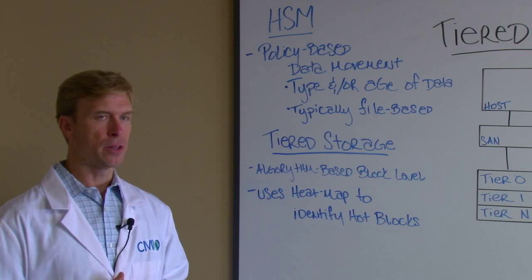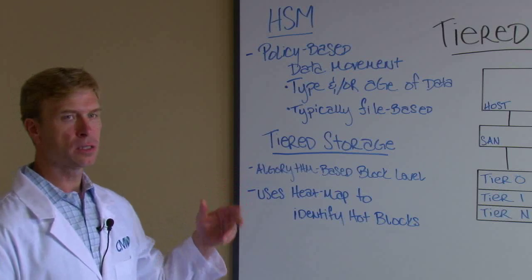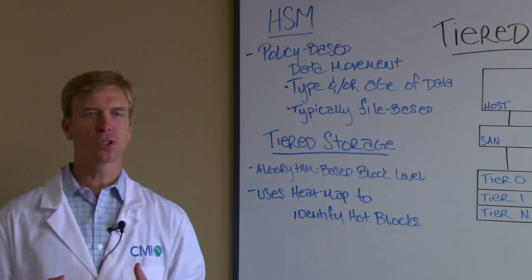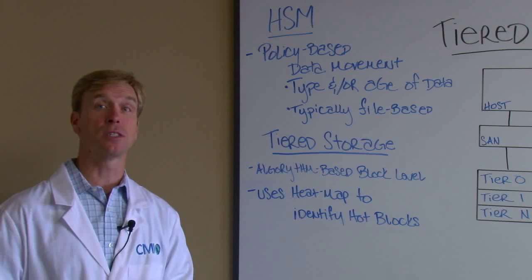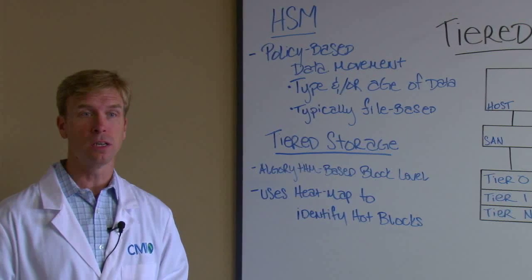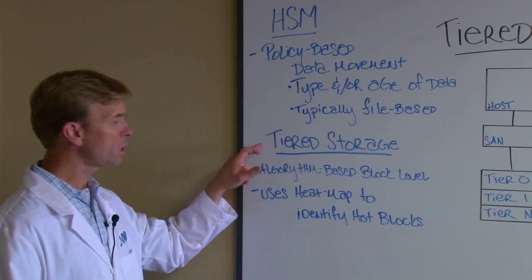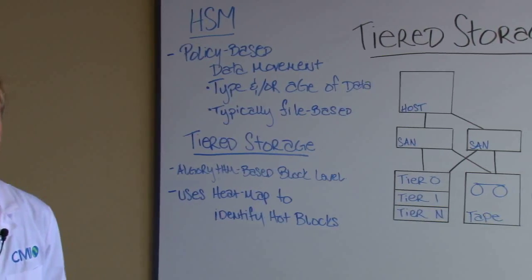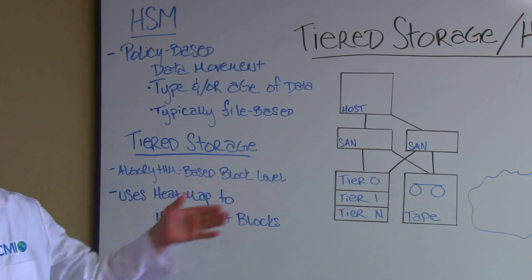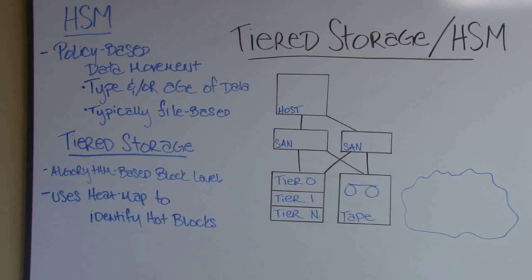The second method is to use an algorithm-based block-level capable storage subsystem like what you would find with the IBM DS8000, the IBM SAN Volume Controller, or the IBM Storwize V7000 with multiple tiers of storage installed into the subsystem to handle the movement of the data based upon heat maps of said data.